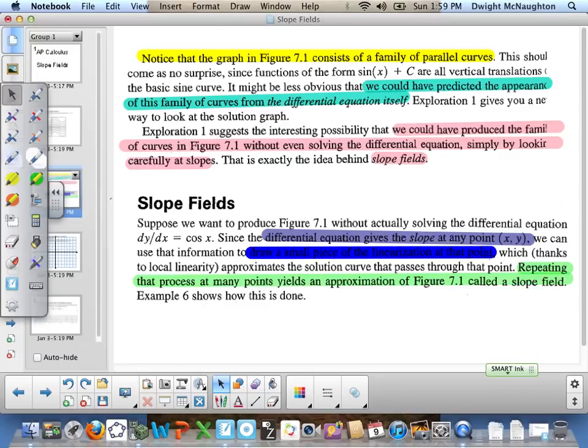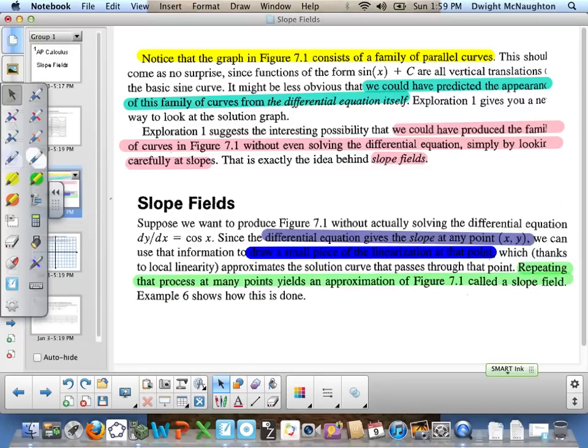Looking at the equation, the derivative tells us slopes. We could produce the family of curves without even solving the differential equation, just by looking at those slopes. This is called slope fields.